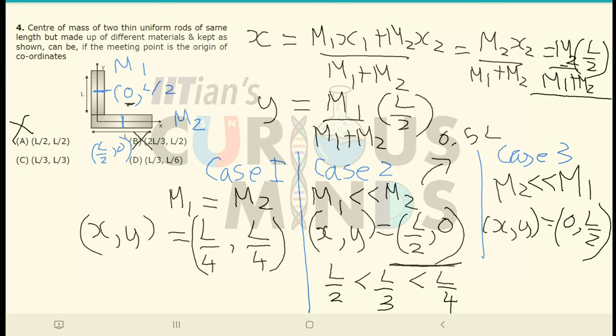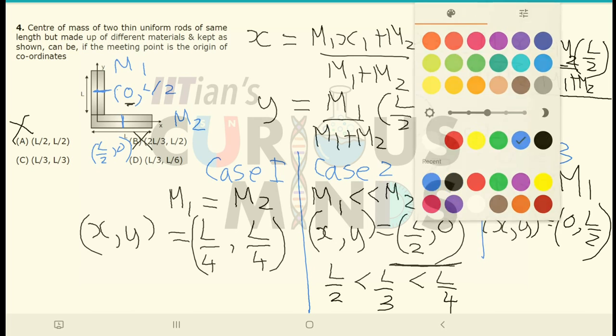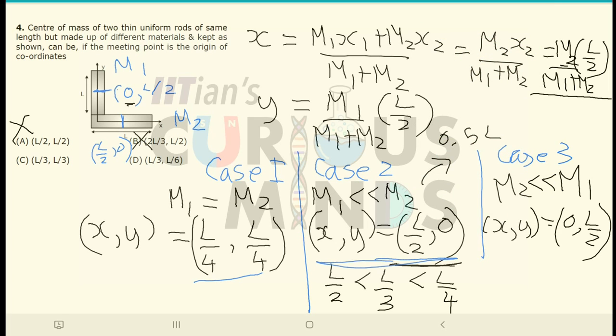So in this case the y coordinate should lie between 0 and L by 4. Clearly L by 3 is greater than L by 4, so even the third is not a possibility. The only remaining option is 4.